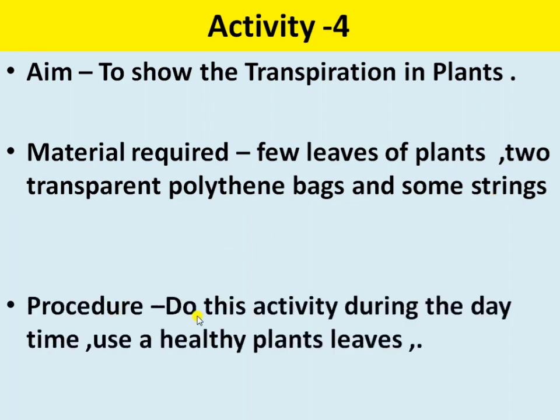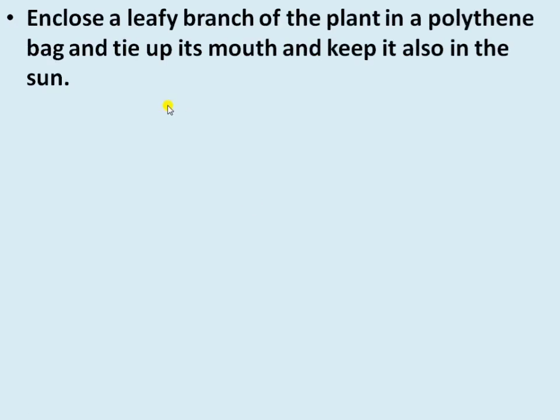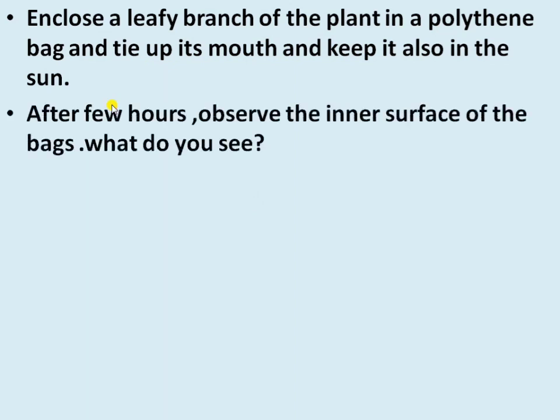The procedure is, do this activity during the daytime or on a sunny day. Use a healthy plant's leaves. Enclose a leafy branch of the plant in a polythene bag, tie up its mouth and keep it in the sunny area.